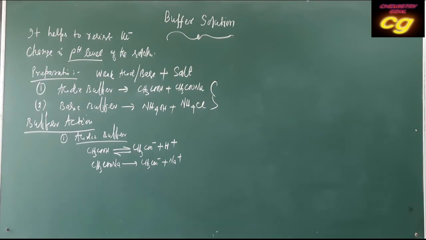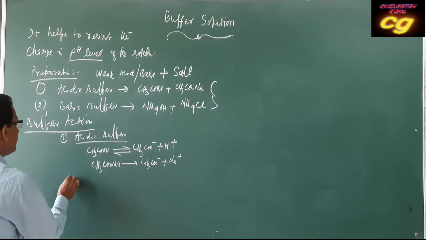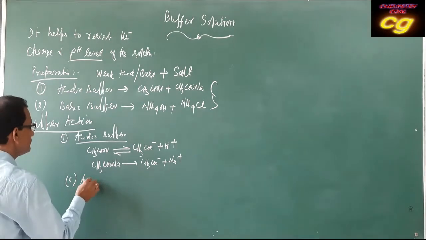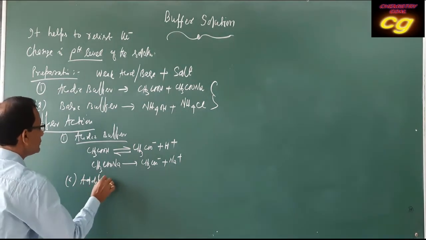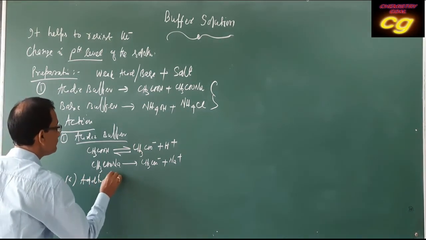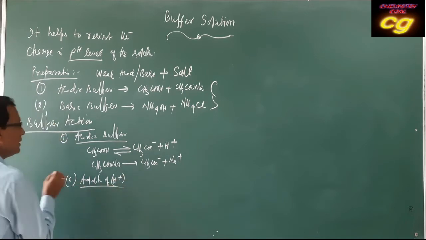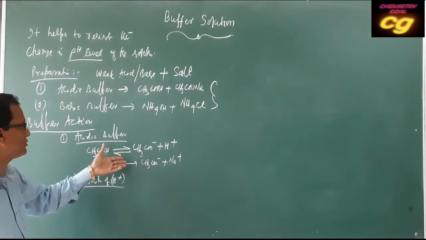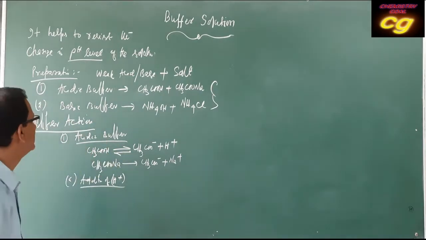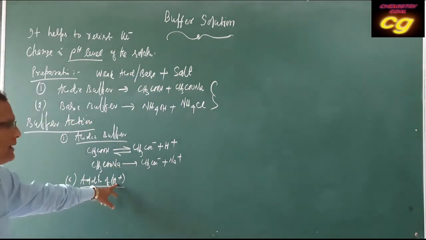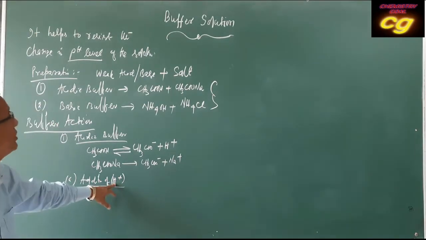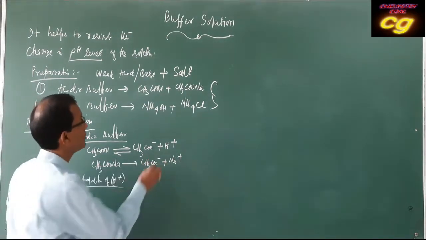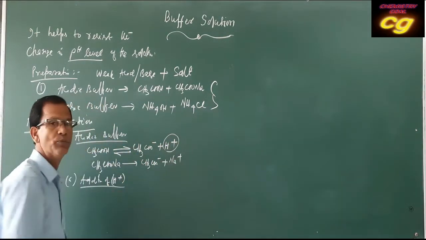Then how is the pH maintained? Suppose there is addition of H plus. When you add acid to the buffer solution, H plus is already present on the product side.